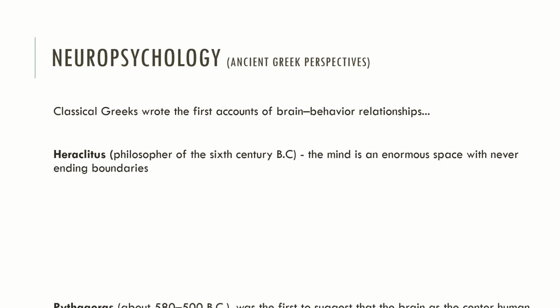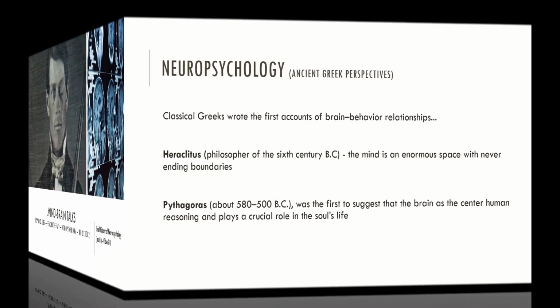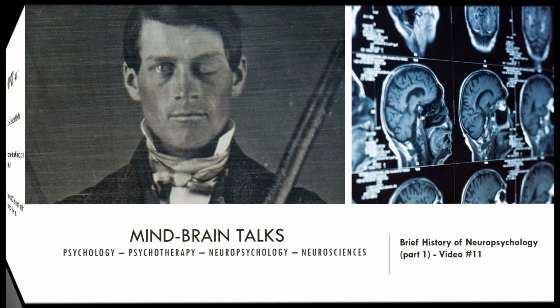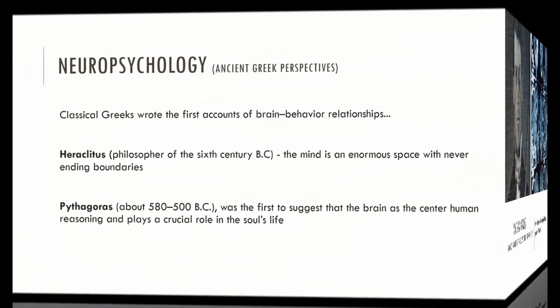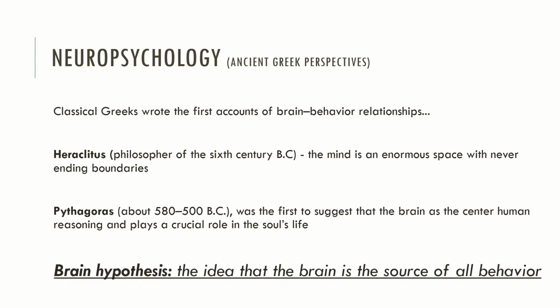However, Pythagoras, a very well-known ancient Greek philosopher, was the first to suggest that the brain could be the center of human reasoning and may play a role in the soul's life. So this is the fundamentals and the essentials of what later became known as the brain hypothesis, which is the idea that the brain is the source of all behavior.